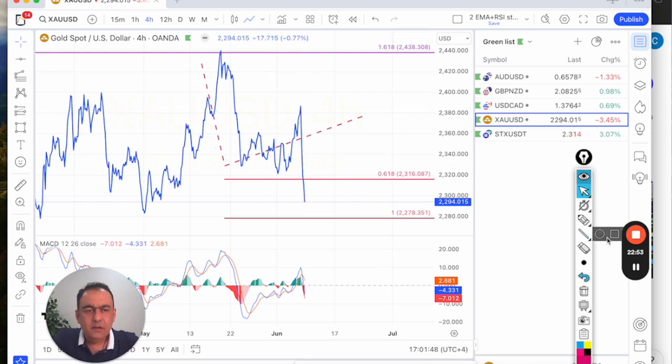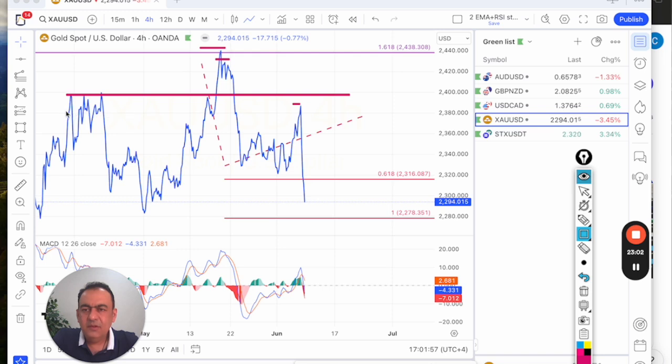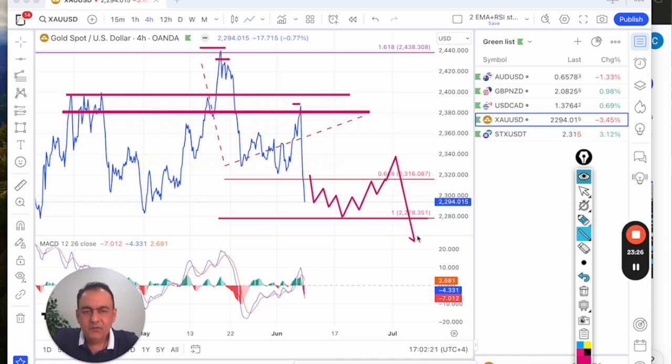I can see the pattern of high, lower high, again corrective push up, completing the correction until the previous major resistance zone, got rejected after NFP news and instantly crashed, and it is going to complete the first target of 2278 very soon. Now we can expect some short-term bounce, so do not sell instantly. Wait for the correction in the upward direction, maybe towards 2316 or slightly higher, and then join the sellers.